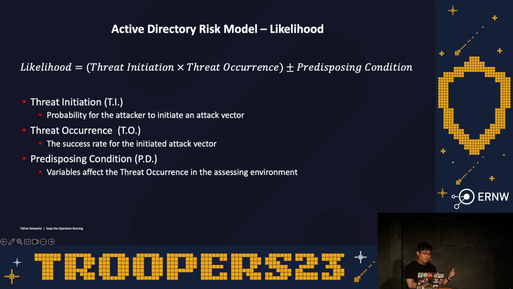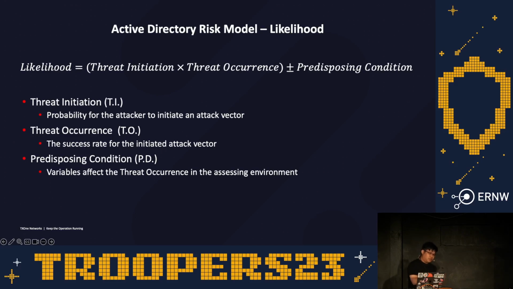Threat initiation is the probability that an attacker can initiate this attack vector, but that may not be 100% successful. So we also have another object, threat occurrence. Threat occurrence is the success rate of the initiated attack vector, so it is bounded by 1.